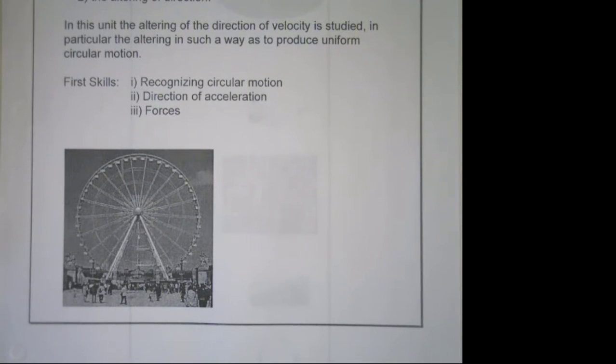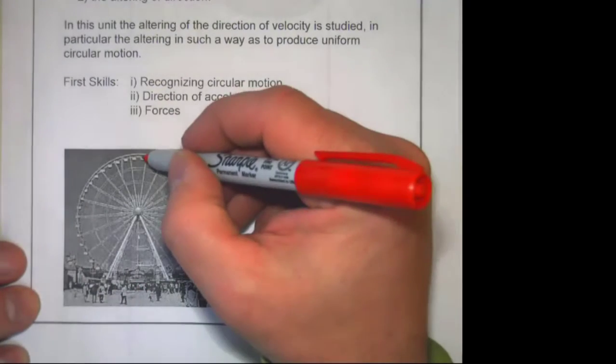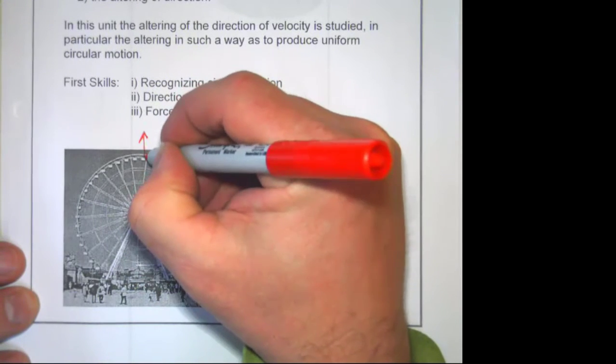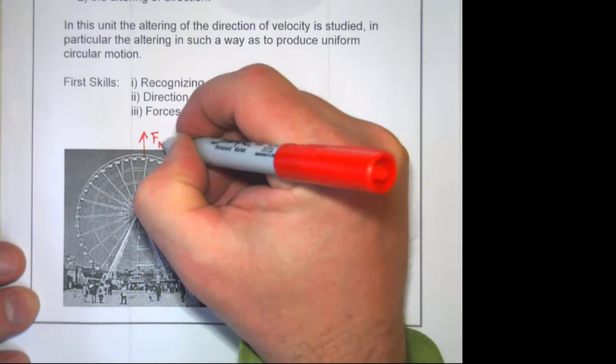Now we're going to examine different situations where there is circular motion. Somebody riding on a Ferris wheel, which is what you see a picture of here. We're only going to examine people on the Ferris wheel right at the bottom or right at the top. In this case, looking right at the top, you're sitting in one of these, you will feel the seat pushing up. There will be a normal force there.